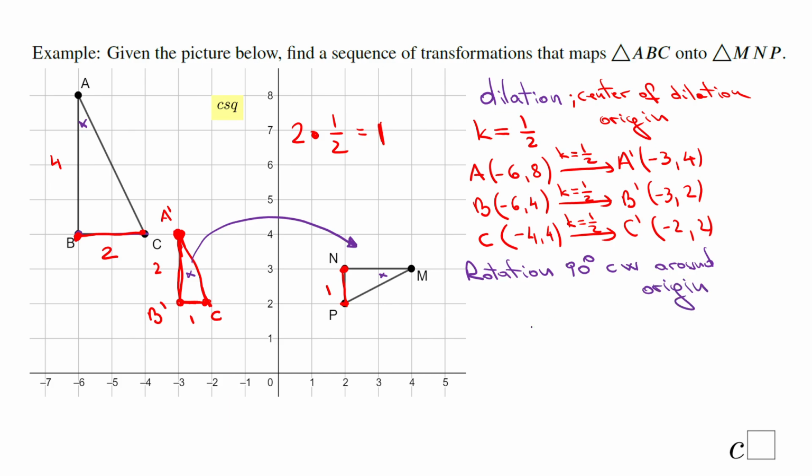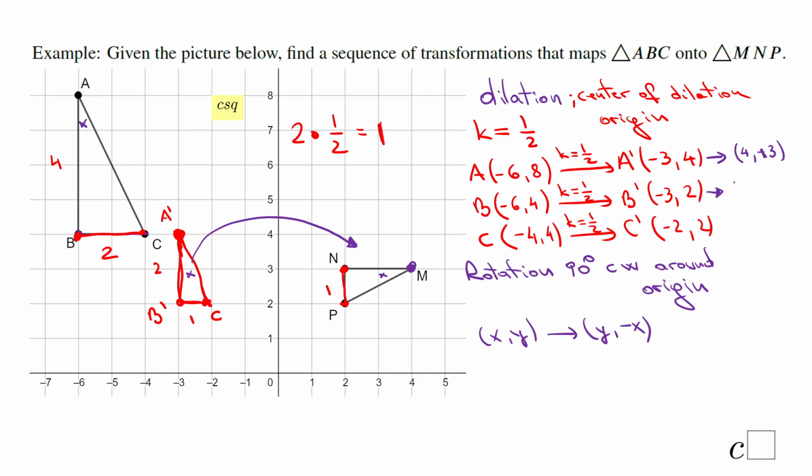Let's double check that. If you remember, the rule says (x, y) becomes (y, -x). Let's take a look here. We switch these guys and then change the sign. So let's take a look. 4 and 3. Yeah, that is this point M, the corresponding point for A. So this works fine.